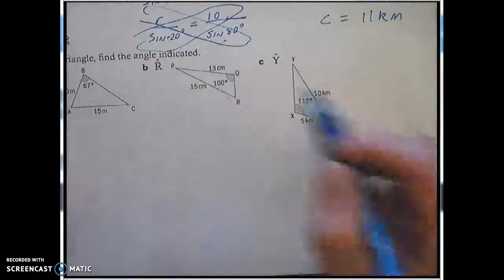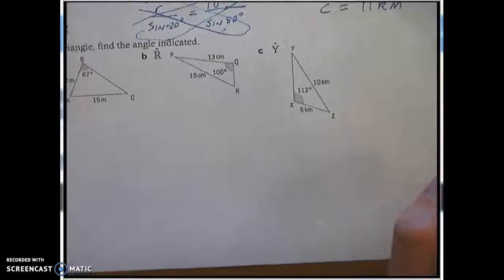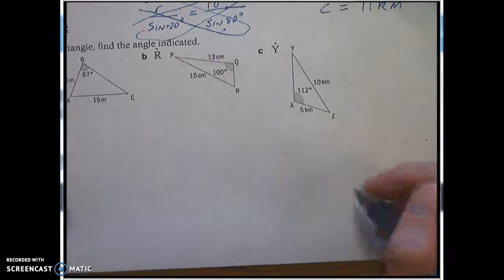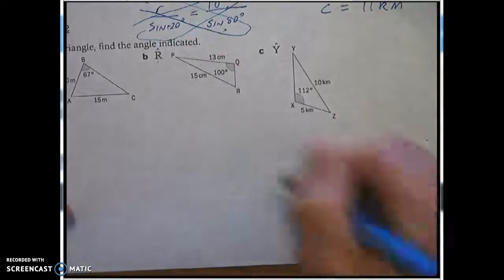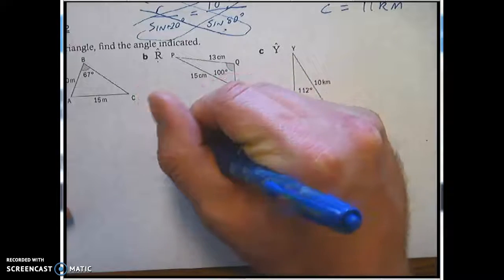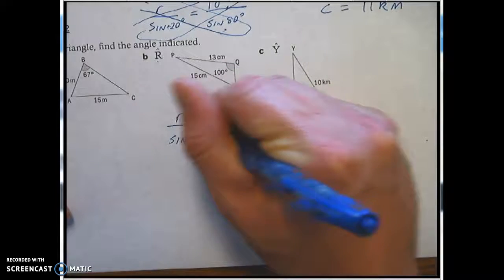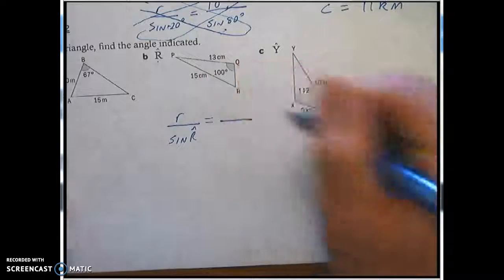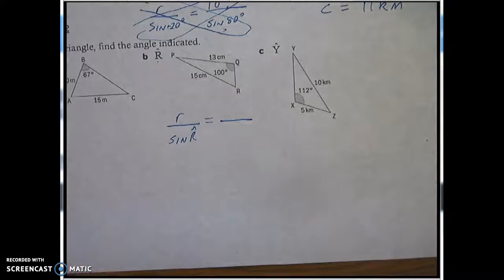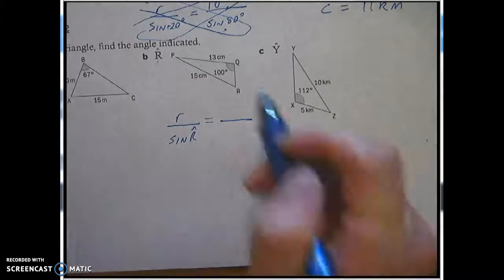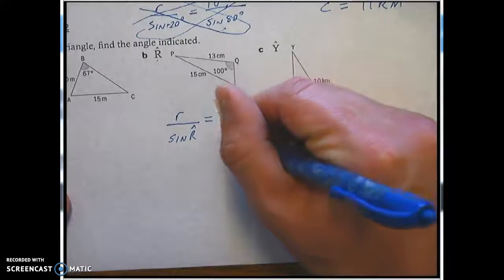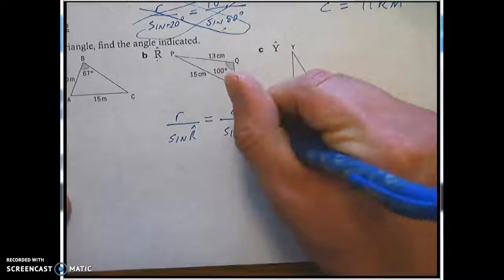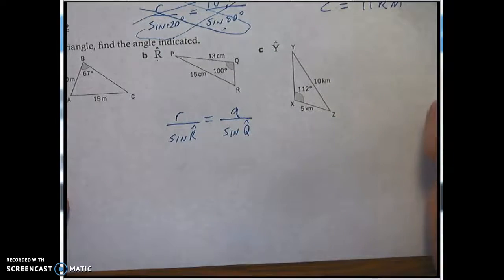In this one we're supposed to find angle R, but the process is exactly the same. We're still going to set up a proportion. If I'm looking for angle R, then I know it's going to be r over sine of angle R equals, and which one do I have information on, the angle and the side? That's Q, so I'm going to do lowercase q over sine of angle Q. Plug in what you know.